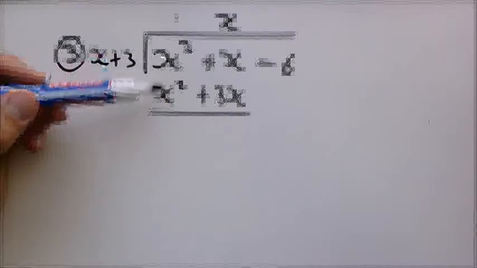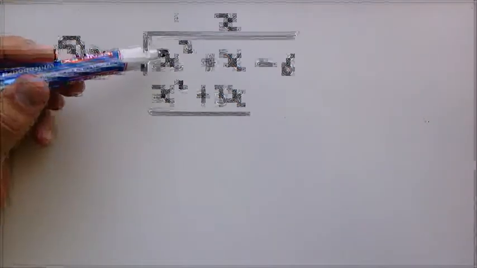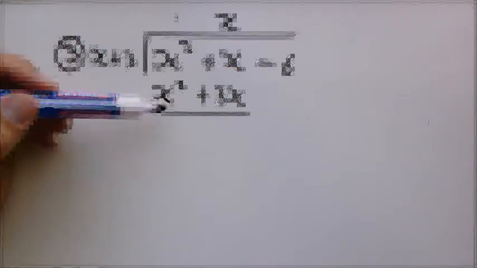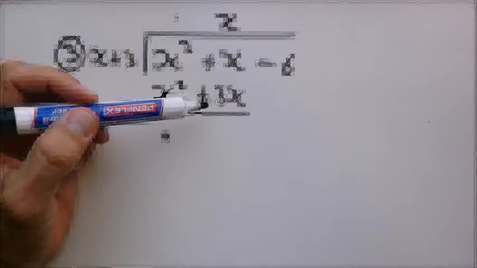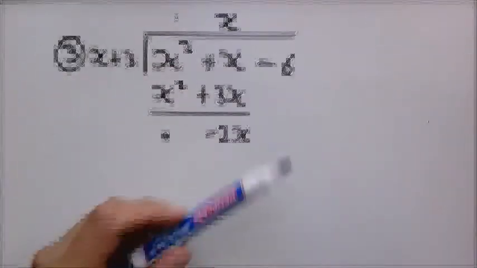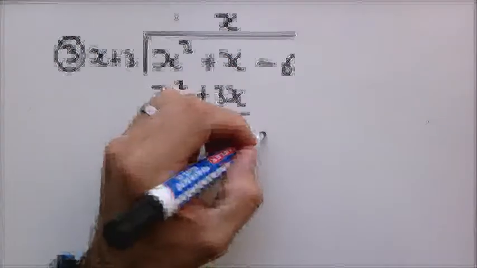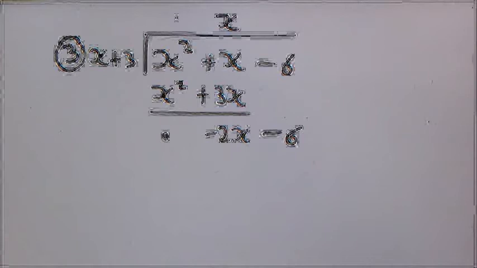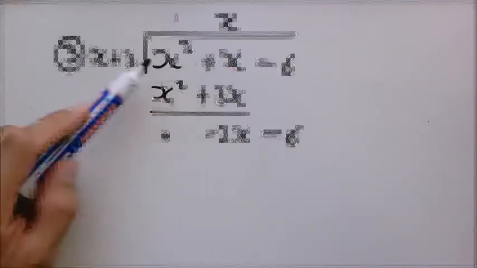Now we subtract this part from that part. x squared minus x squared is 0. x minus 3x is negative 2x. Negative 6 minus 0 is negative 6.